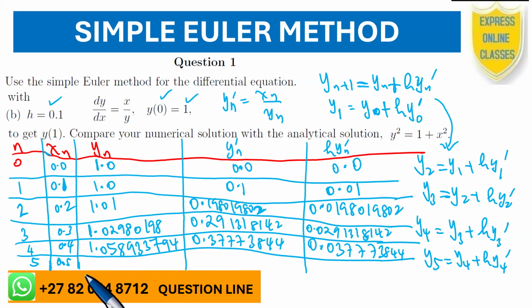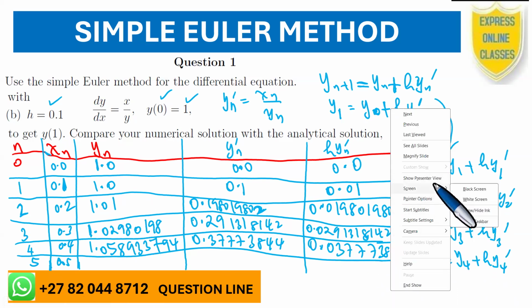Okay, let's continue. Y4 is this Y5, excuse me. When n is 5, then we have Y4 plus H Y4 prime. So Y4 plus H Y4 prime is like this one together with this one, we're adding them up.